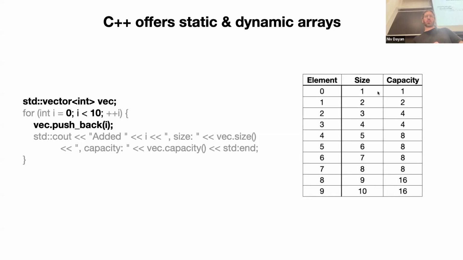And this code is just measuring the number of elements in the array and the capacity. You will notice that as we add more and more elements, the capacity is increasing. Here it's jumping from 1 to 2, 2 to 4, 4 to 8, 8 to 16. It's increasing by a factor of 2 every time. Even if the number of elements is smaller, the capacity is still growing by a factor of 2 each time.